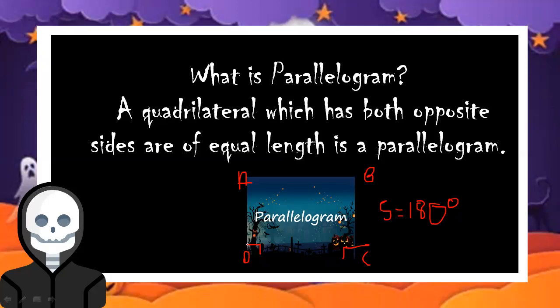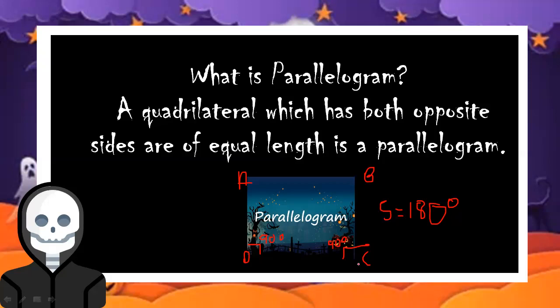As we all know, the parallelogram which here you can see is a rectangle has 90-degree angles. So here, angle D is equal to 90 degrees and angle C is equal to 90 degrees.